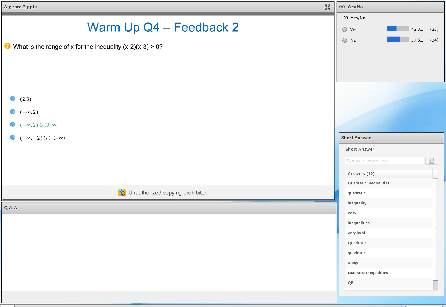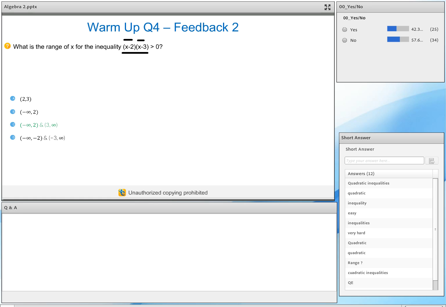Again, quadratic inequalities are relatively straightforward as long as you understand the right approach towards solving such inequalities. Now, what is the range of x for the inequality (x minus 2) into (x minus 3) is greater than 0? Just treat this as a very simple question. You have the product of two numbers. x minus 2 is one number, x minus 3 is another number.